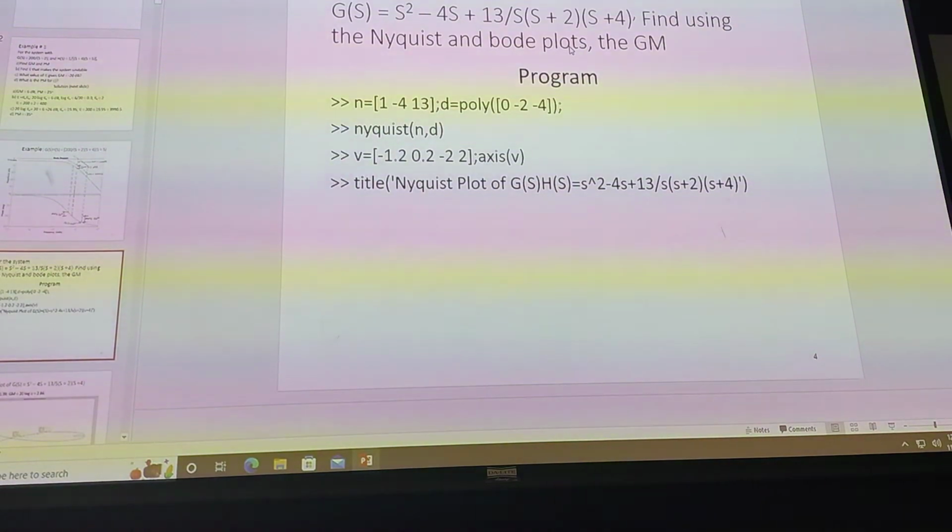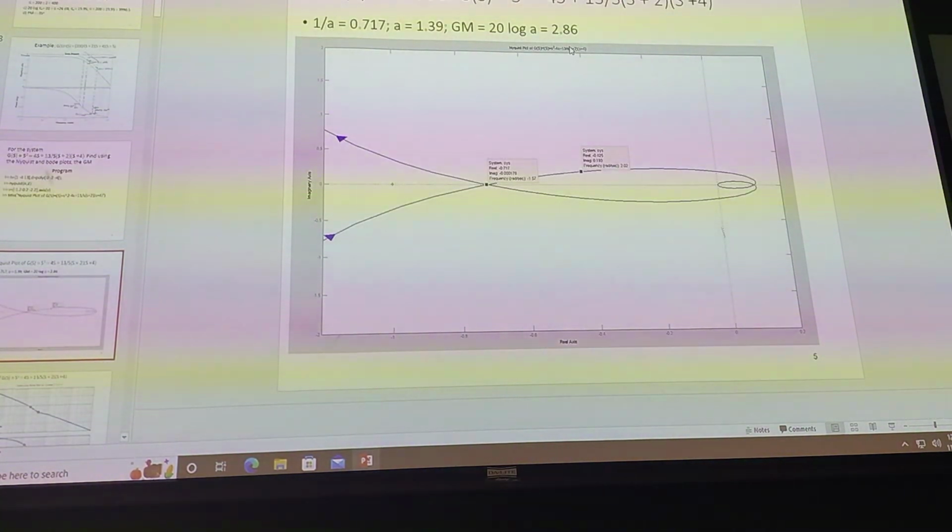Well, there you have the Nyquist program for obtaining this, and there you have the Nyquist plot. That is done with MATLAB, and there you can see that it cuts. Note that MATLAB gives you these values. I put it there, not all of them, but the basic one, the point of intersection.